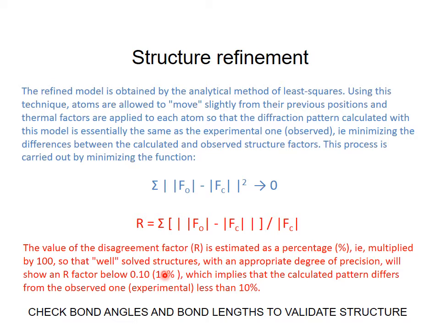However, this R value does not give you full proof that your crystal structure is right. Very important is also that your crystal structure generally makes chemical sense. So at the very end, it's also very useful to check if the bond angles and the bond lengths are actually reasonable.